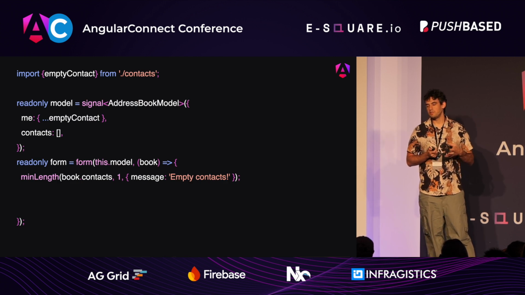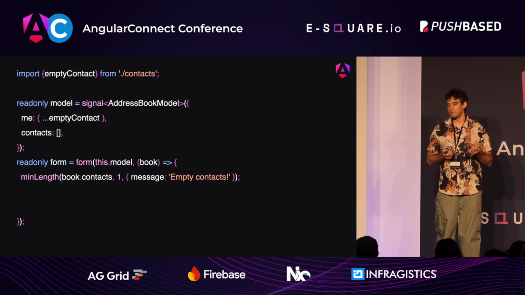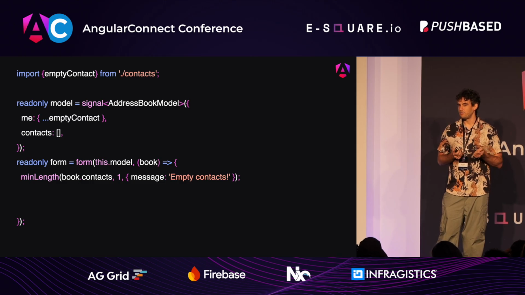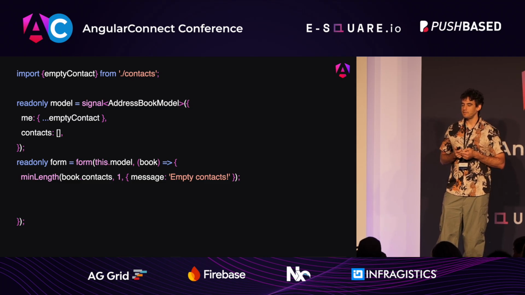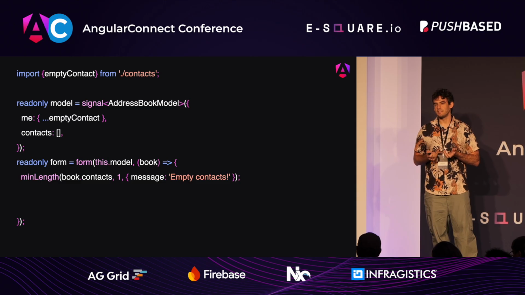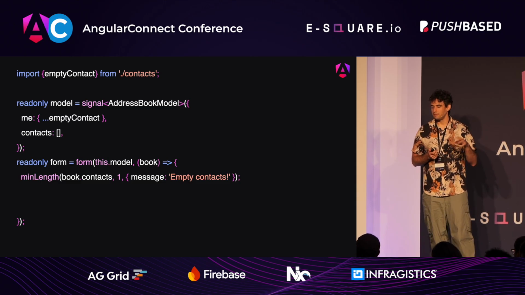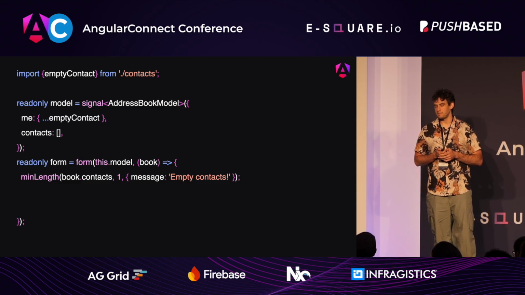Using those types, I can then define the data model for my signal form. I create my address book model, and I'm just going to spread in that empty contact I created for convenience. We'll start off the contact list as just empty, and the user can add some of their contacts in the form.